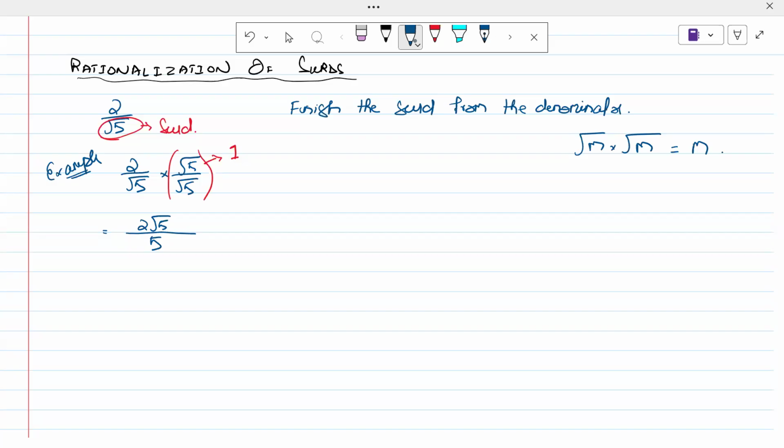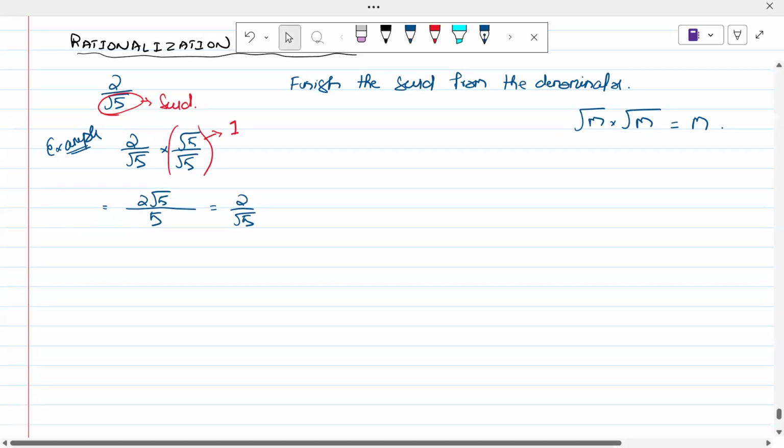And if you check in your calculator, both 2 root 5 upon 5 and 2 upon root 5 would have the same decimal value. The only difference is in the form of expression, that's it. Otherwise, their numeric values are all the same.